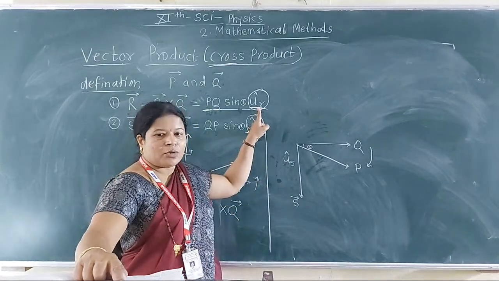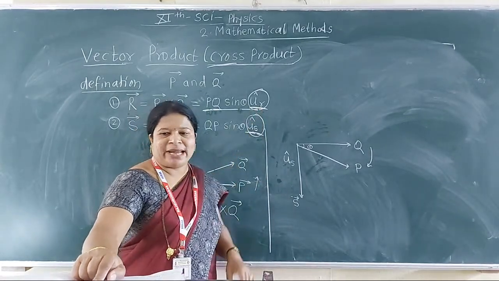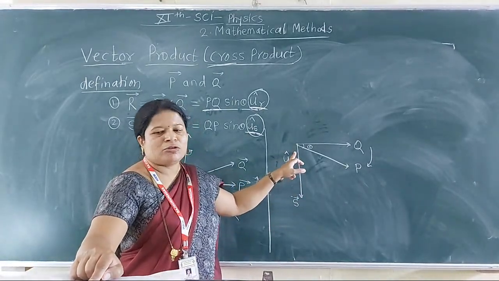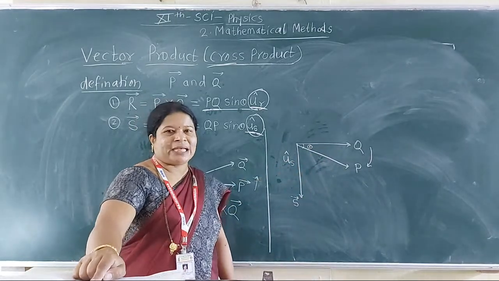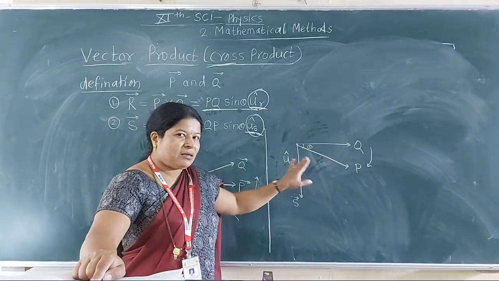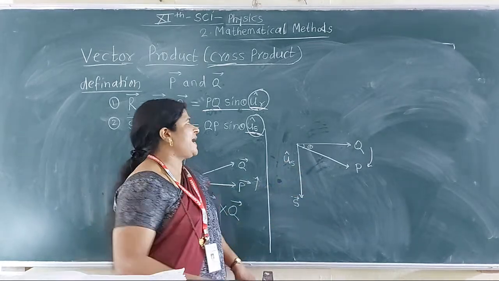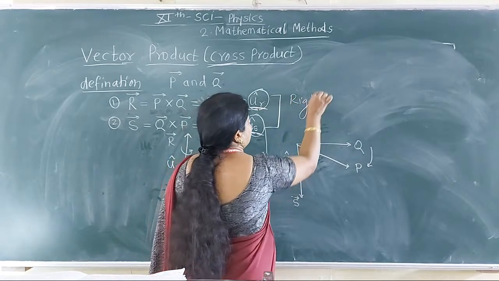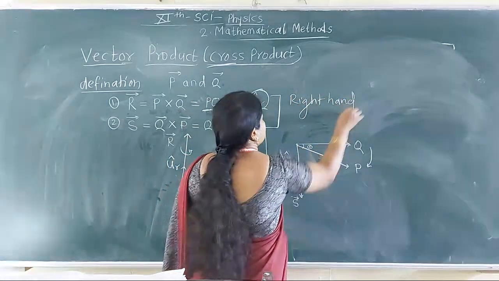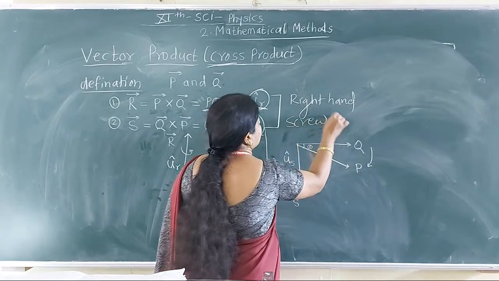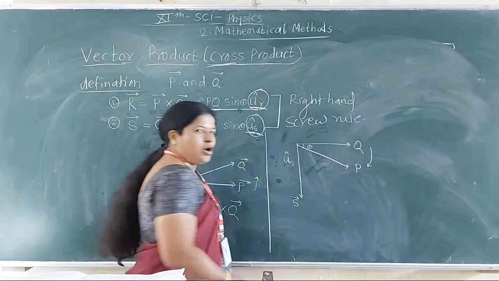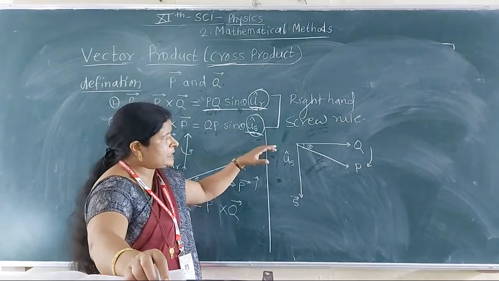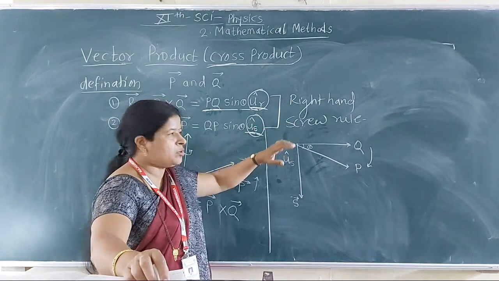As shown by u cap r, this unit vector is perpendicular to the plane containing the two vectors and is given by the right hand screw rule. We write the cross product between two vectors using the right hand screw rule.